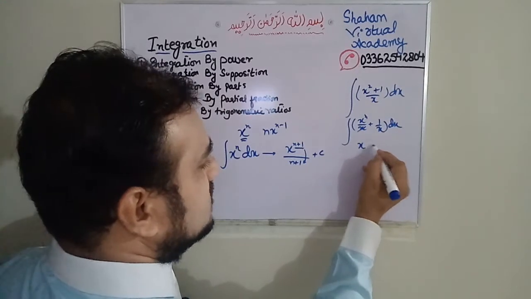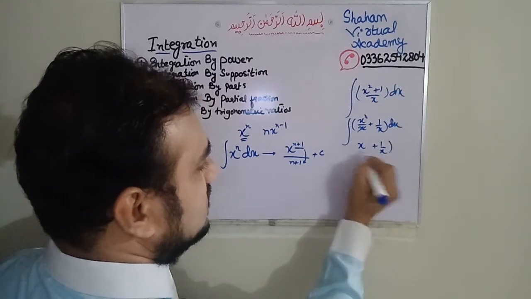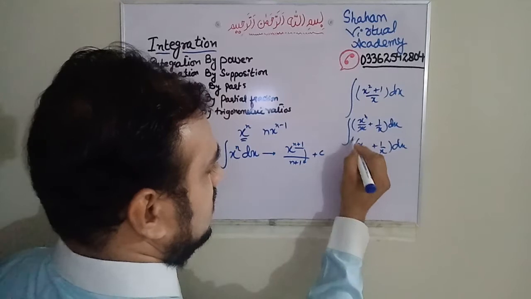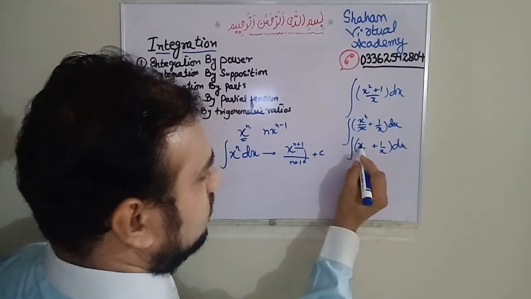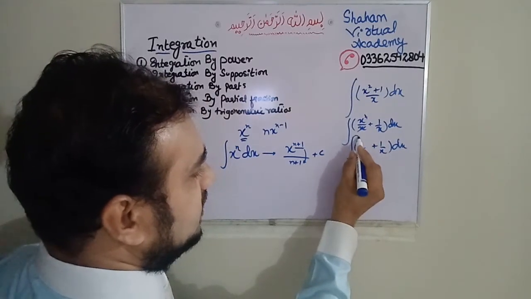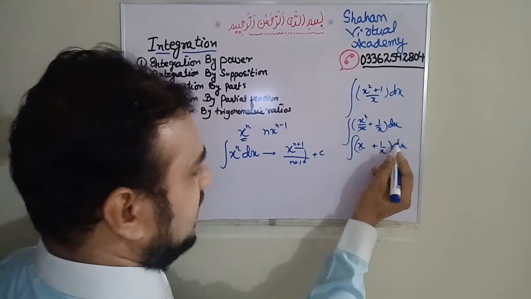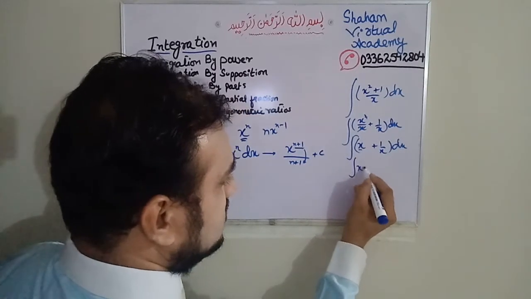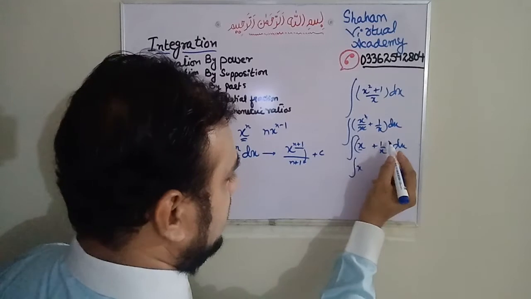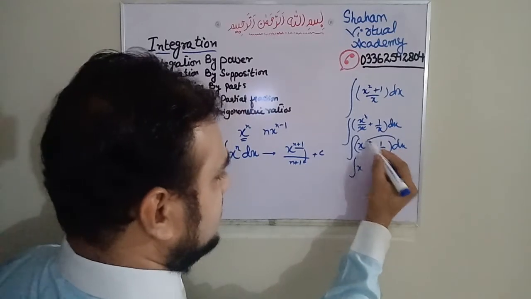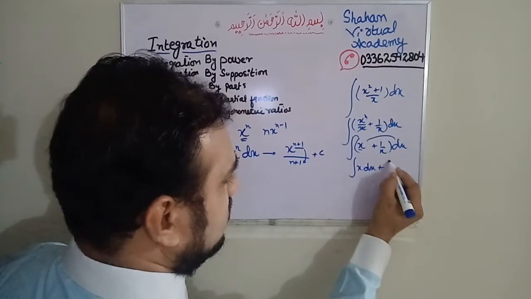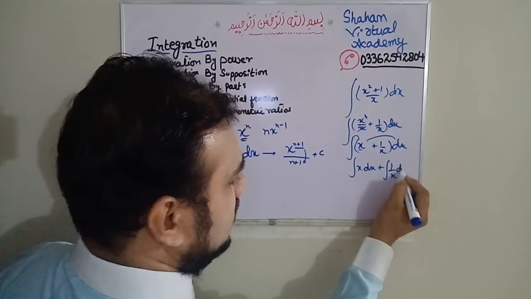So it becomes x plus 1 over x dx, and now we separate each term with an integral and dx. So the integral of x dx plus the integral of 1 over x dx.